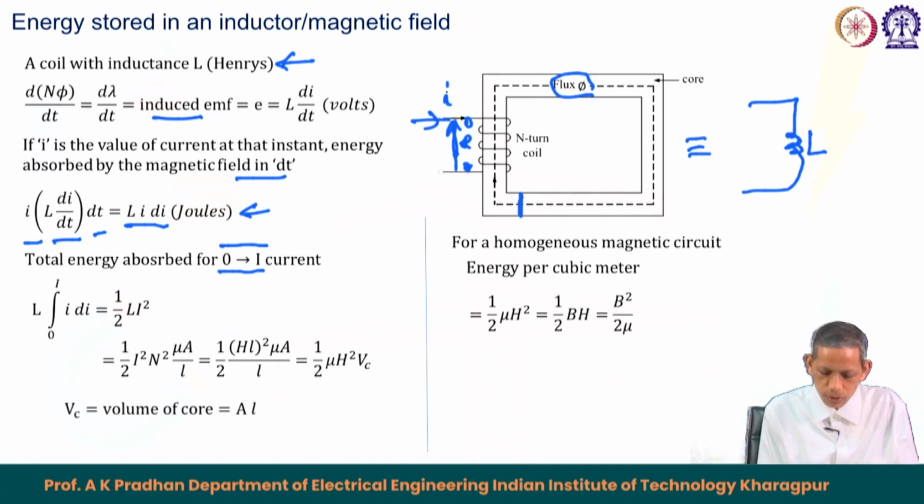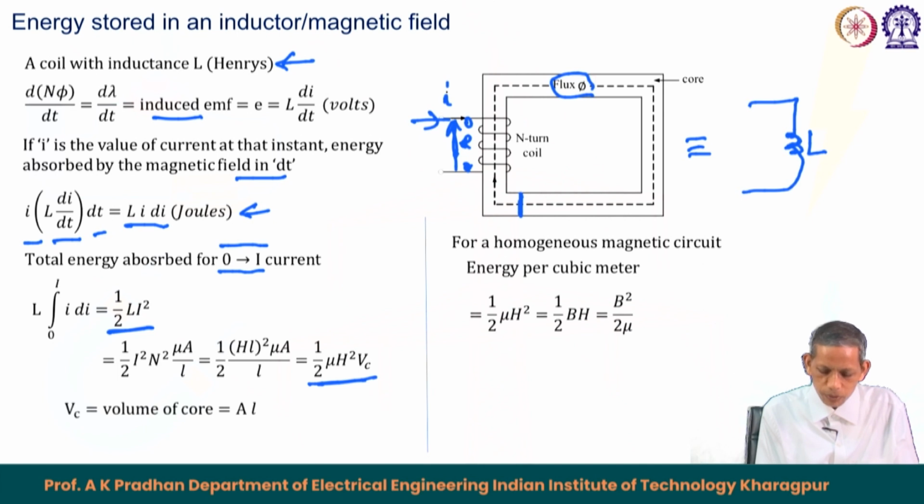So, this is the energy stored in the arrangement by bringing the current from 0 to capital I, equal to half mu H square V C, where H is the magnetic field intensity in the core and V C is the volume of the core.